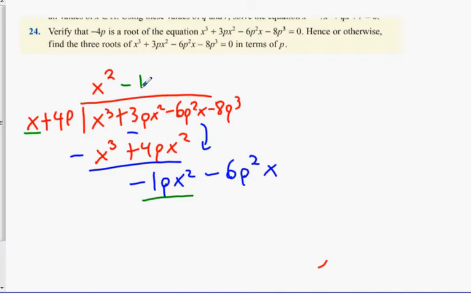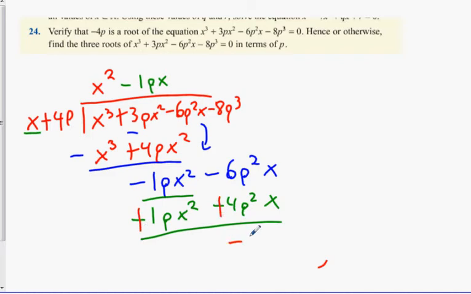Yeah, you're right, minus 1px. Okay, and what's next? Minus 1px squared. Minus 4p squared x. Minus 4p squared x. And then, change signs, plus and plus, minus 2p squared x.